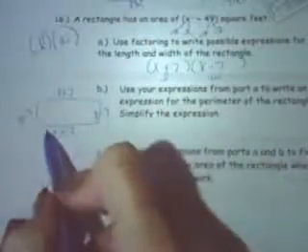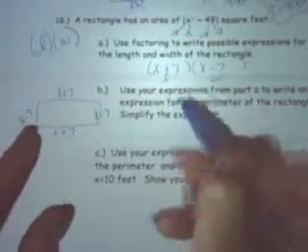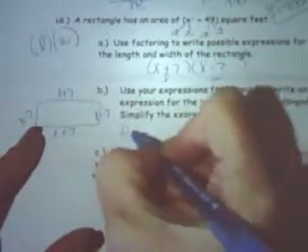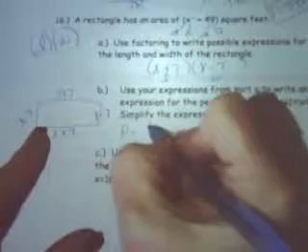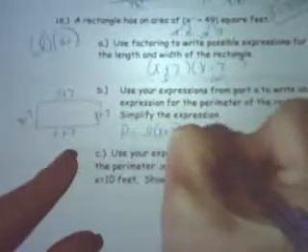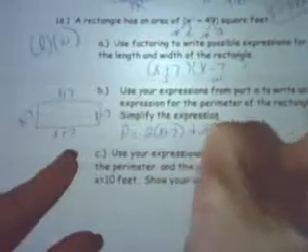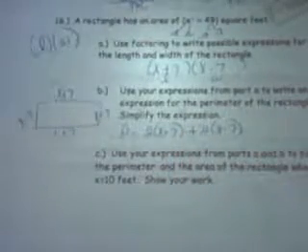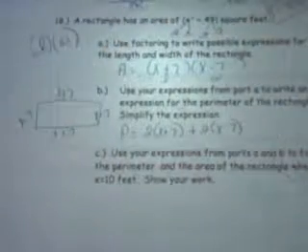So how do you find perimeter of a rectangle? You add all the sides together. So I'm just going to say the perimeter is going to be 2 times x plus 7 plus 2 times x minus 7. Alright, there's your expression for perimeter. Here's your expression for area.